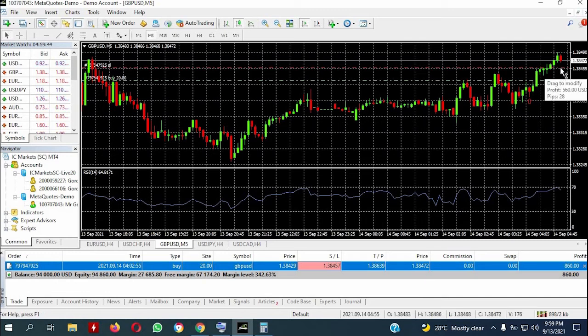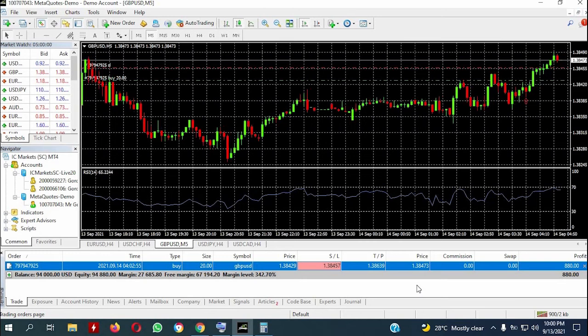So I trail my stop loss behind the last three candles in order to secure some of the profit. As the market progressed, even though I'm profiting $920, it went up as high as $1,800. If I wanted, I could close out the trade.